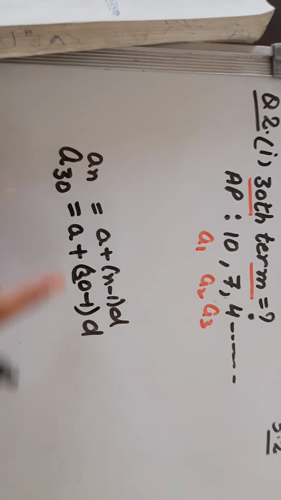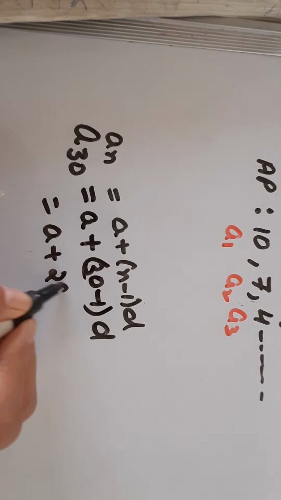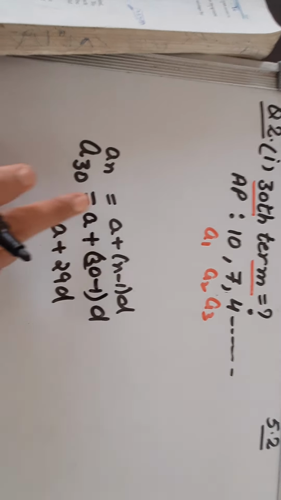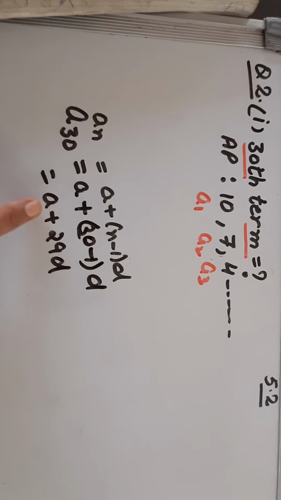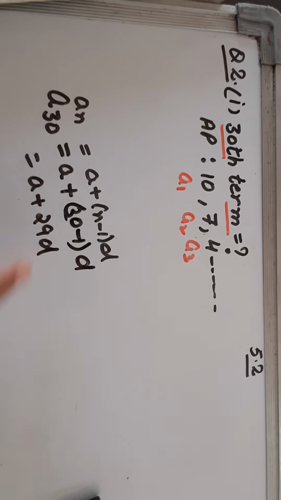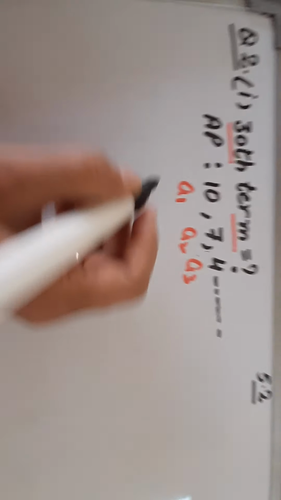So we can write the direct formula for this term, a plus 29d, and by using this formula also we can write. So to find the 30th term, dear students, we need a, the first term, and d, that is the common difference. So before doing this, let us get a.